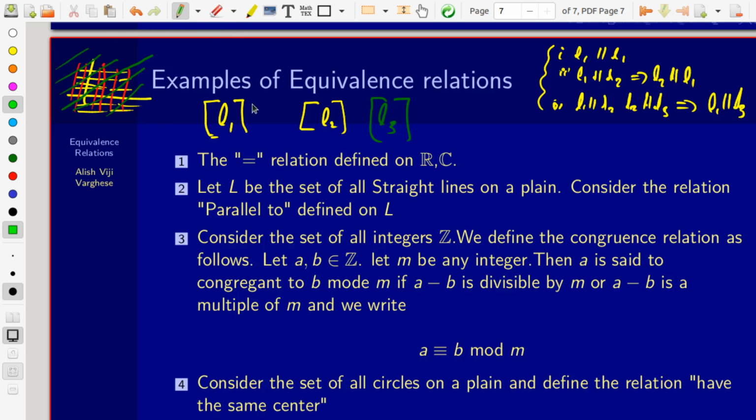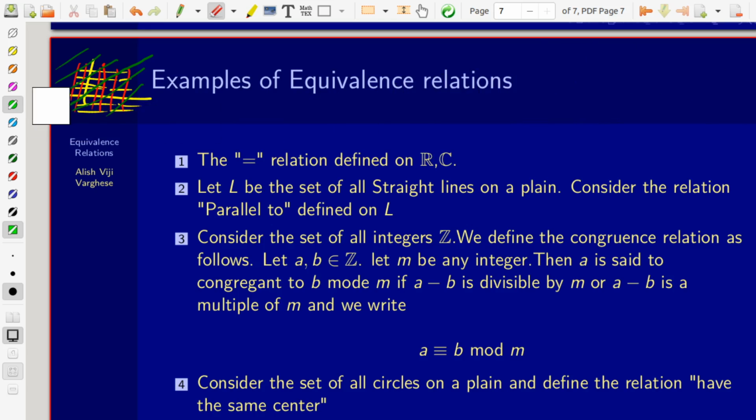It's not possible. So the equivalence class of L1 intersection equivalence class of L2 is equal to the null set. So it's a partition of our set of all straight lines. The set of all straight lines is partitioned into a number of equivalence classes.